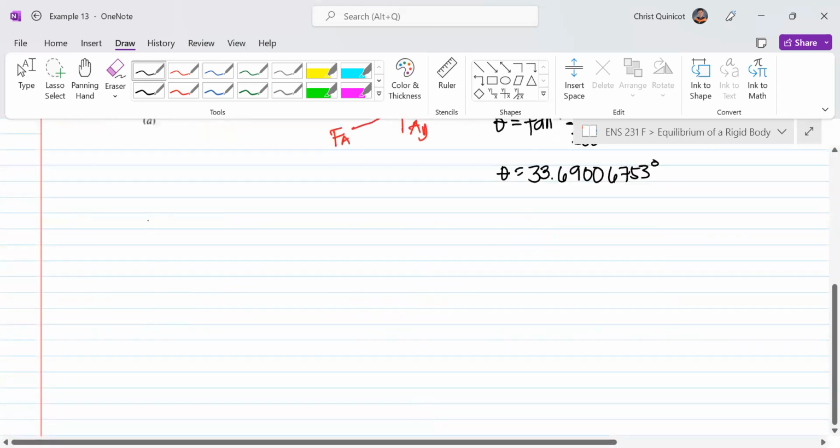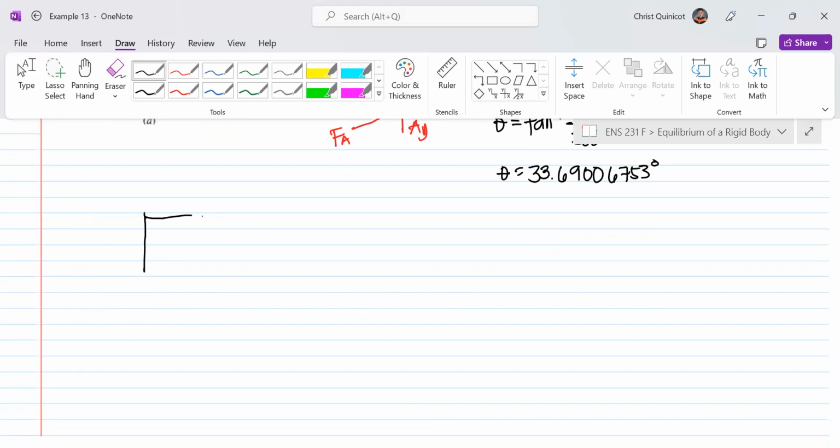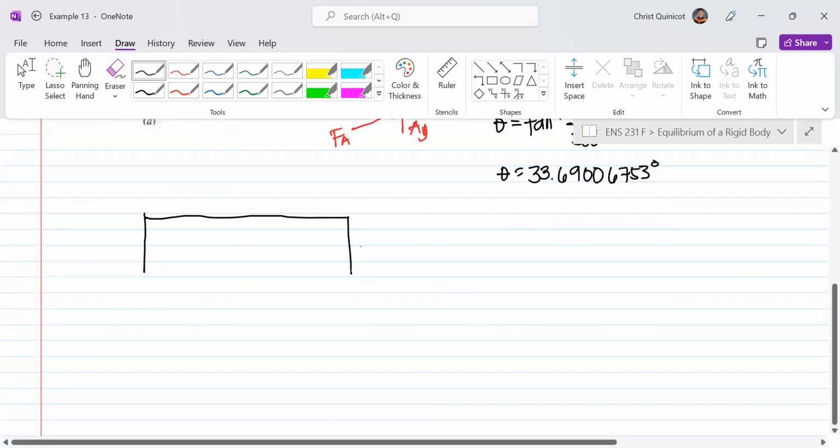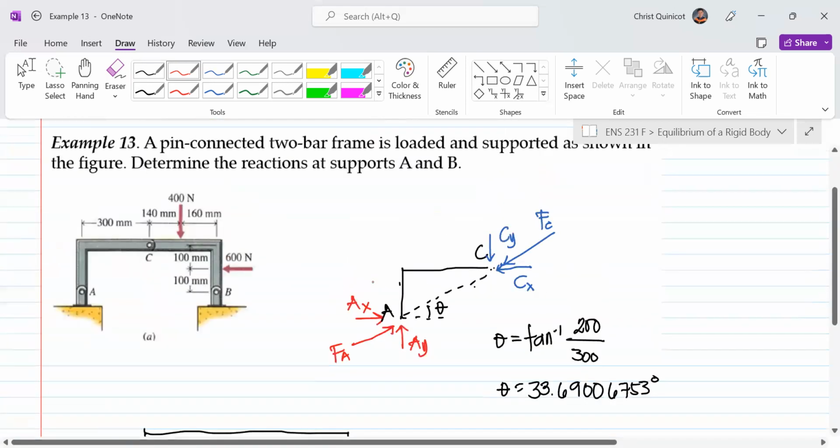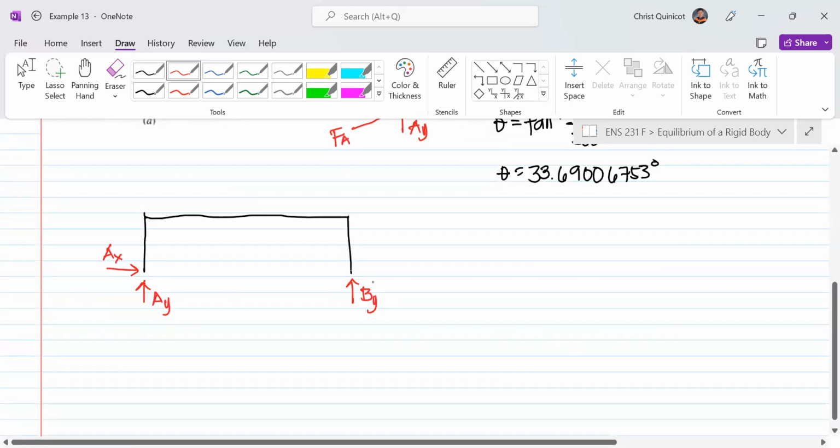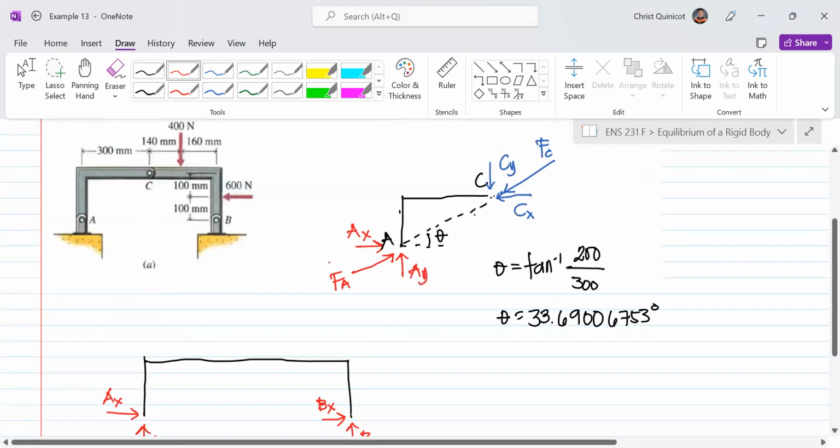So we have a rectangular frame here, and at A is A sub y, then we assume A sub x to the right, and at point B, we have B sub y going up, and let's just assume B sub x to the left.